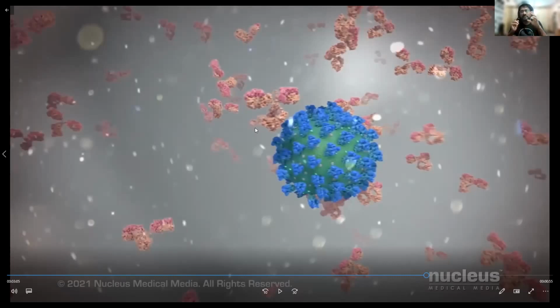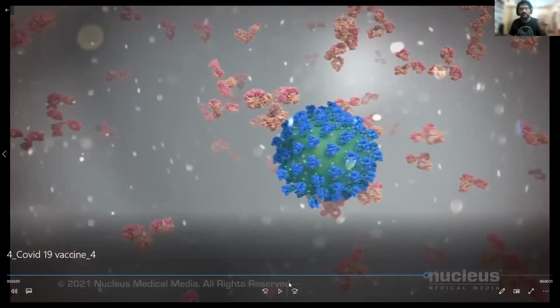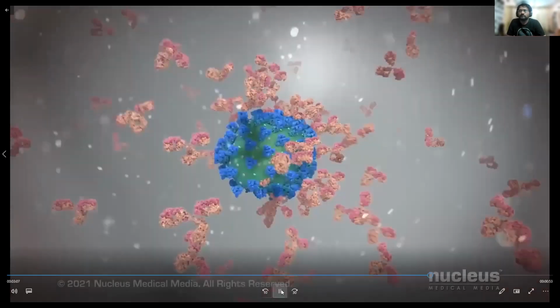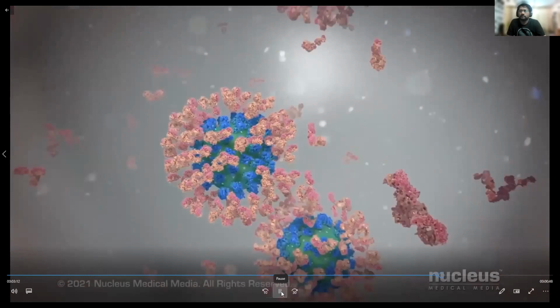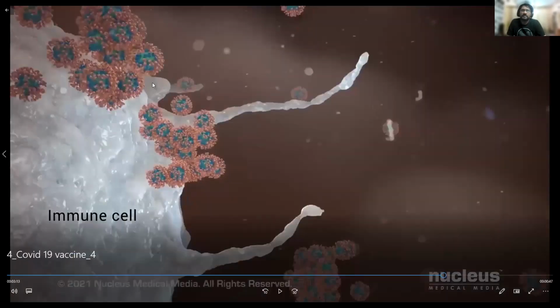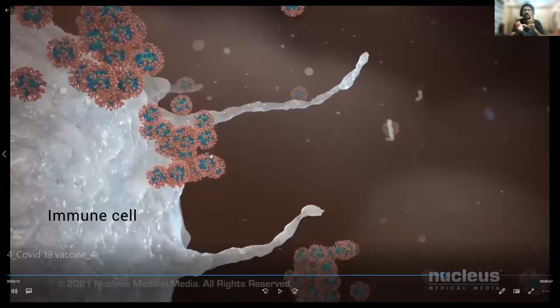So in an actual infection, what happens? Because we already have antibodies for the spike proteins, triggered by the vaccine, if a real virus comes, what happens? Let's look. You can see antibodies going and attaching to all the spike proteins of the real virus.